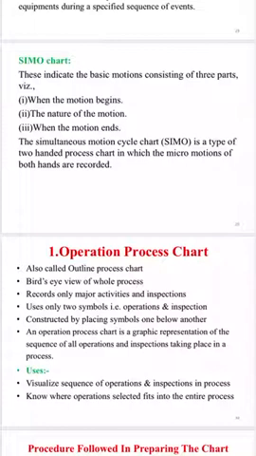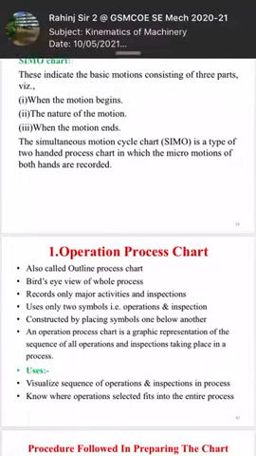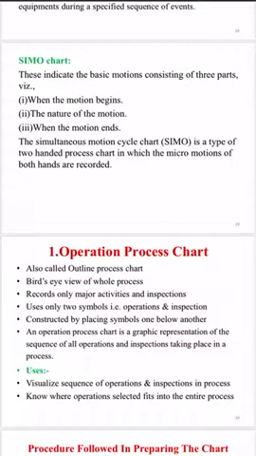This operation process chart will record only the major operations and inspections. It means the activities related to operations and inspections are recorded by this operation process chart, or you can say by the outline process chart.